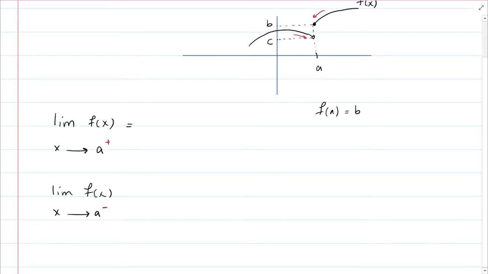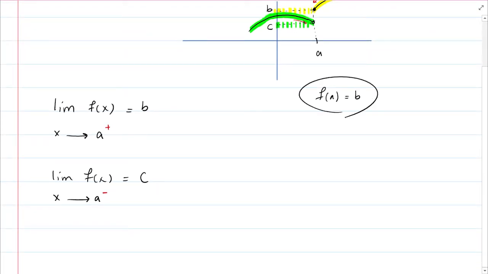So if I try to approach A from this side, as you see, the value would be B. So I say the answer is B. And if I approach A from the left side, then the value that I get on the y-axis would be C. So this is the general idea of the limit. And as you see, the value of the function at A is B, which is equal to the right side limit.